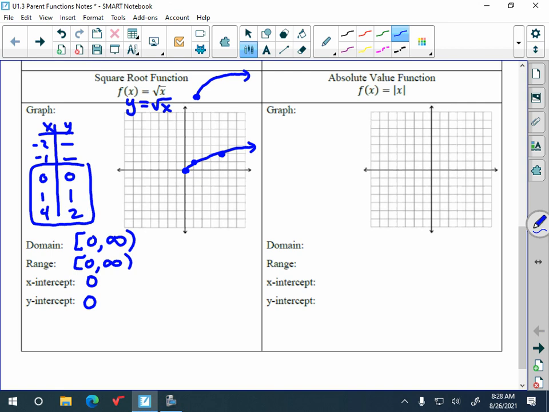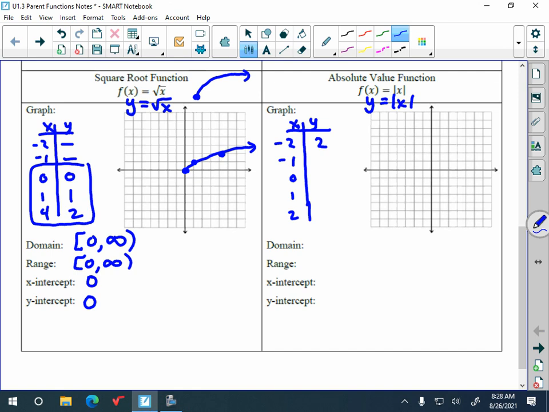All right, absolute value function. So -2, -1, 0, 1, 2. What's the absolute value of -2? 2. Remember, when we plug a number in inside the absolute value, all it does is make it positive.